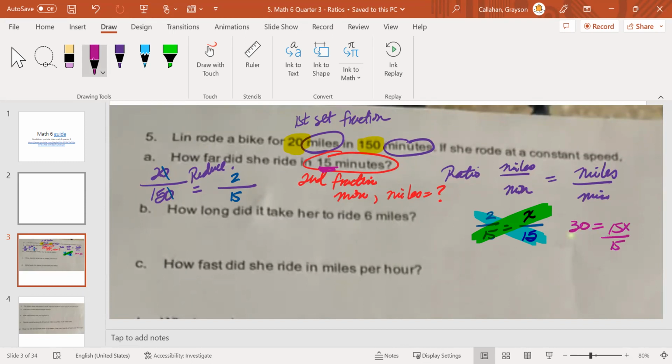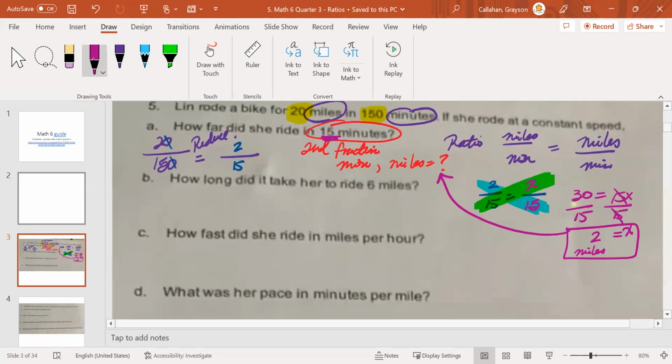So then when you divide by 15 on both sides, 15 cancels, x is by itself, and your answer is, but make sure you have the unit, 2 what? 2 miles. That's your answer right there.